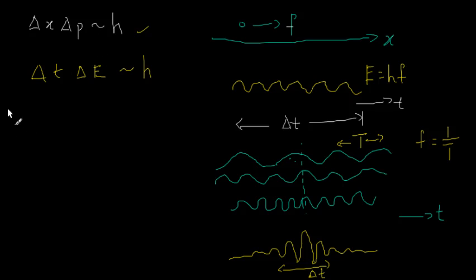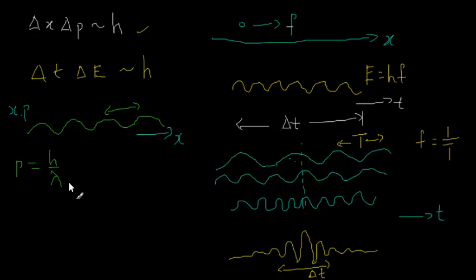For X and P, they refer to the x-axis, where we have a wave of a certain wavelength, okay, and if you remember that P is equal to h over lambda. That's the de Broglie relation.